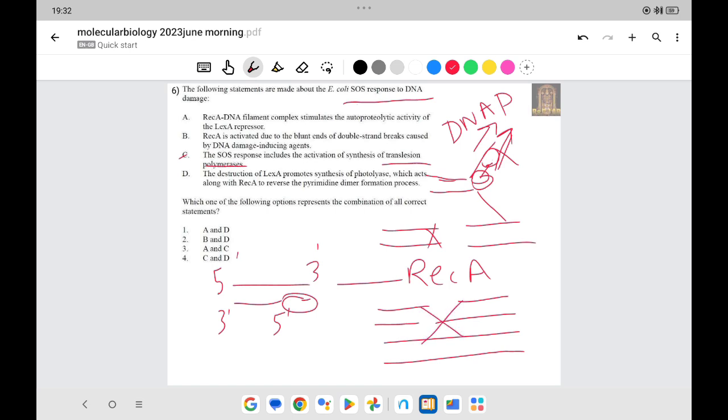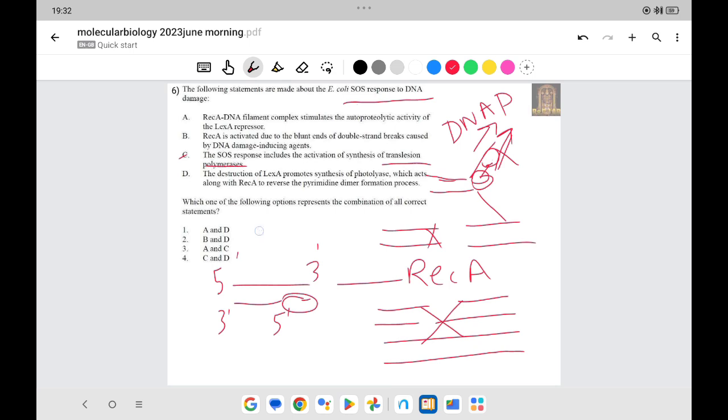So here, we need some SOS response regulatory genes, which can only be synthesized if there is no blockage in the promoter. Here the LexA works as a repressor. So what is the work of that LexA repressor?